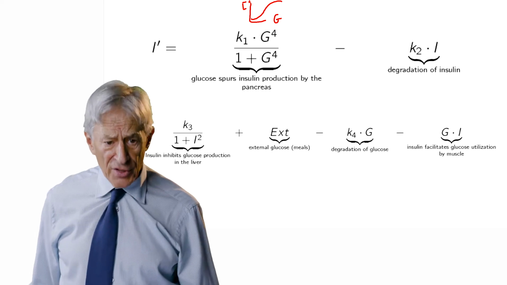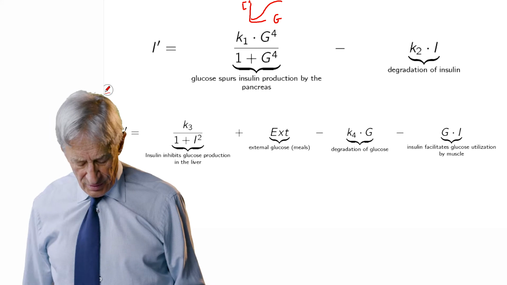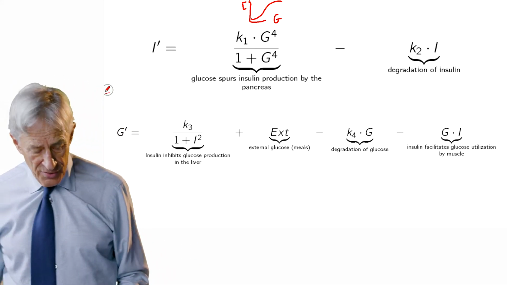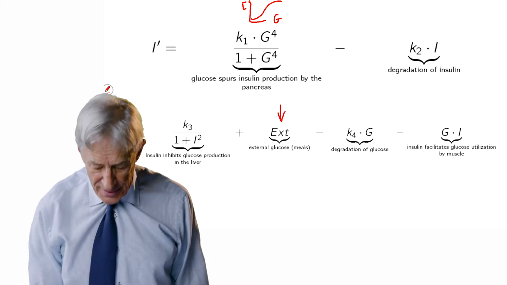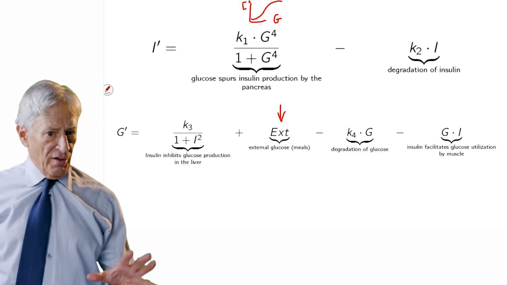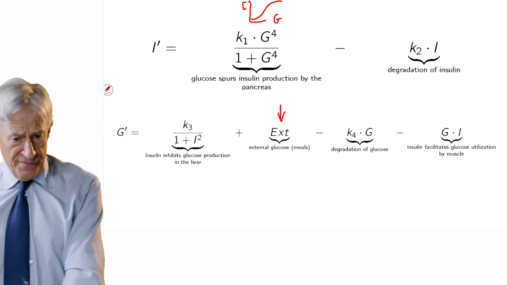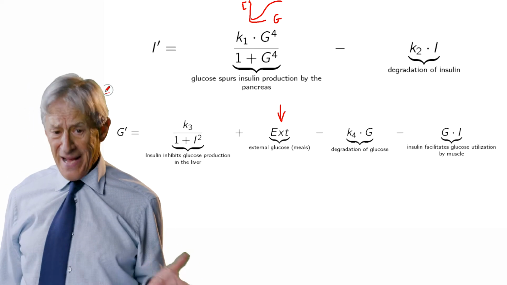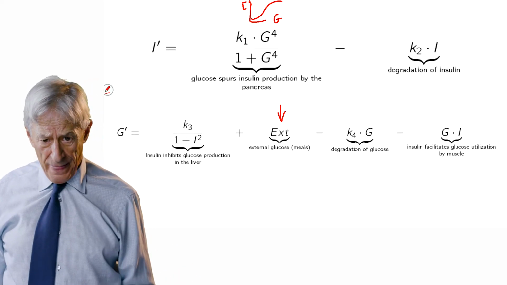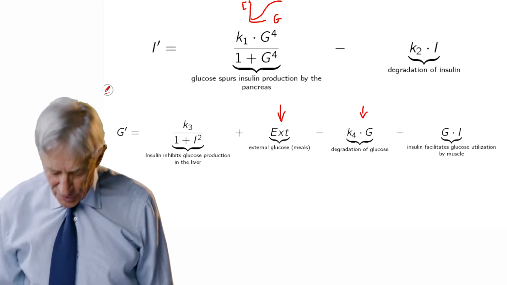Now, what about the glucose equation? Well, G prime equals several things. Number one, what makes G prime go up is this term external, which is external glucose, like meals or infusions or whatever. And that's going to have whatever form it's going to have in a particular case. We also have good old degradation of glucose.